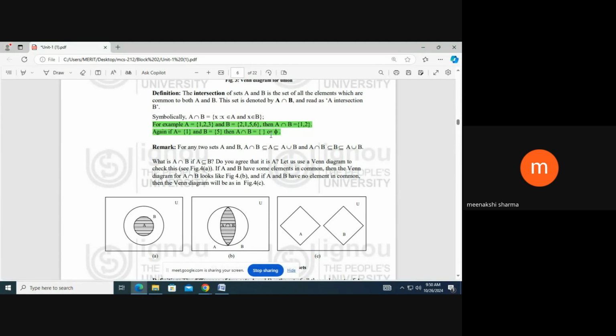Then A intersection B has just two common elements, 1 and 2. It's called intersection. Got it, students? Yes. And there are some Venn diagrams of all these.